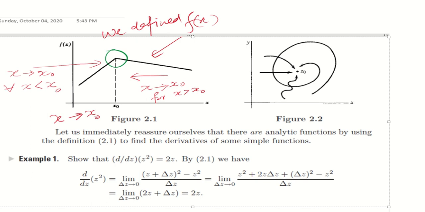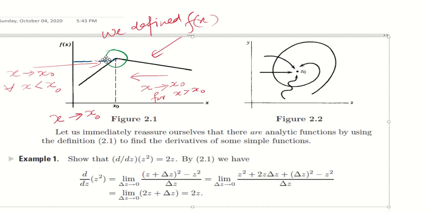Whatever we do in this case of a real valued function f of x, this is not a complex function, this is a real function, anything like f of x equal to x square, for example. We haven't defined which function it is, I just want to say this is the case. Whatever we do, when we approach x naught, the function has uniquely one value, defined according to this line.